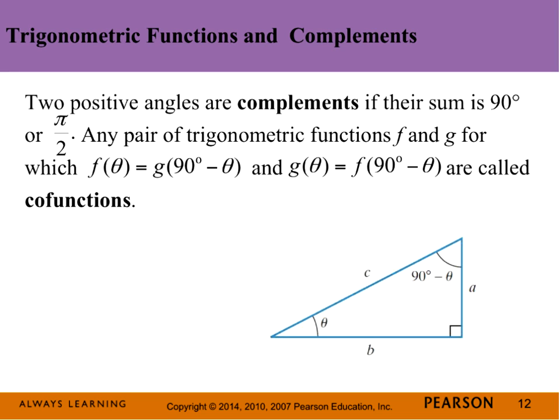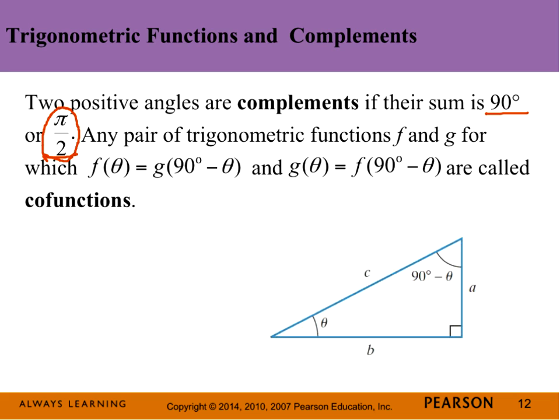Okay, so two positive angles are complements of each other if their sum is 90 degrees, or 90 degrees is the same thing as pi over 2. I'm just looking at your notes, so that blank is pi over 2.